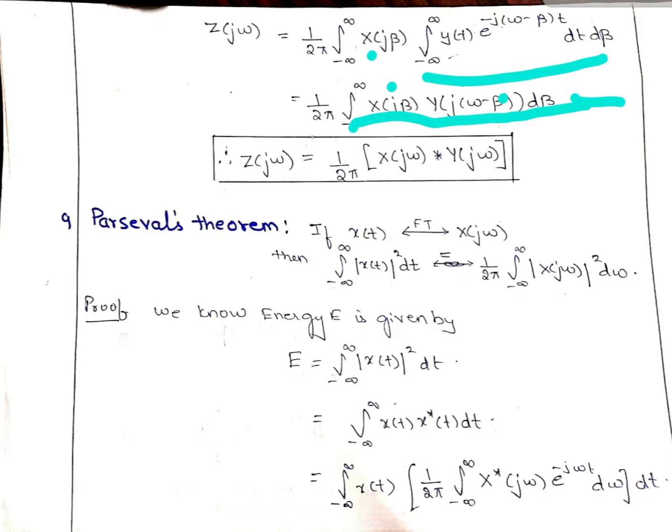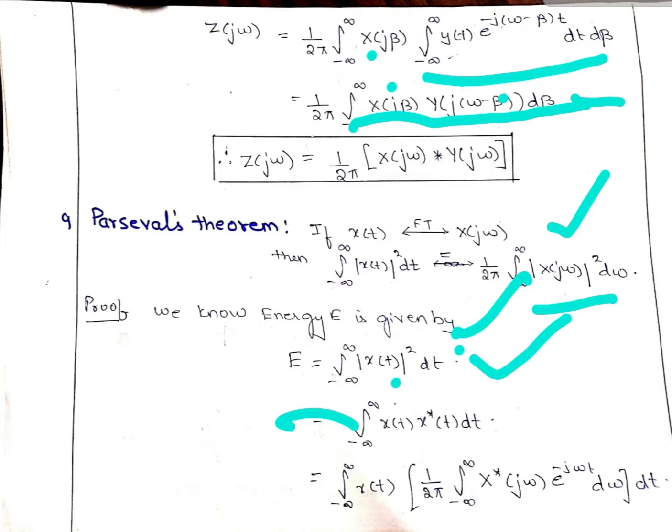Now let us see Parseval's theorem. If the Fourier transform of x(t) is X(jω), then ∫ from −∞ to +∞ of |x(t)|² dt is equal to 1/2π ∫ from −∞ to +∞ of |X(jω)|² dω. We know the formula of the energy, E = ∫ from −∞ to +∞ of |x(t)|² dt.